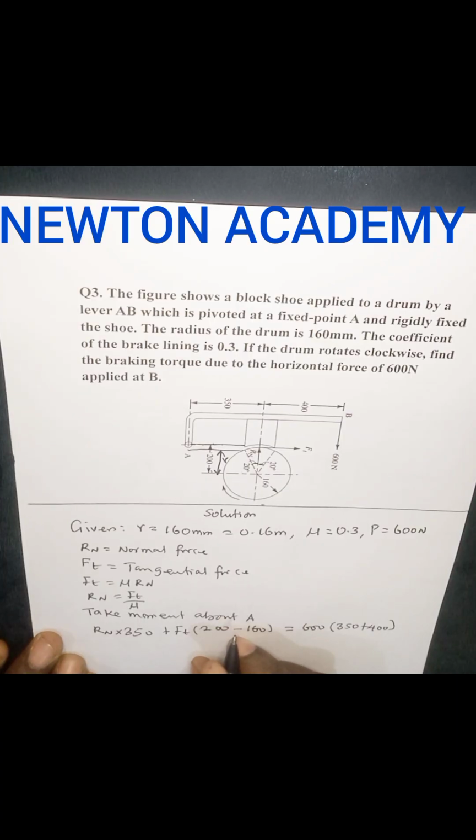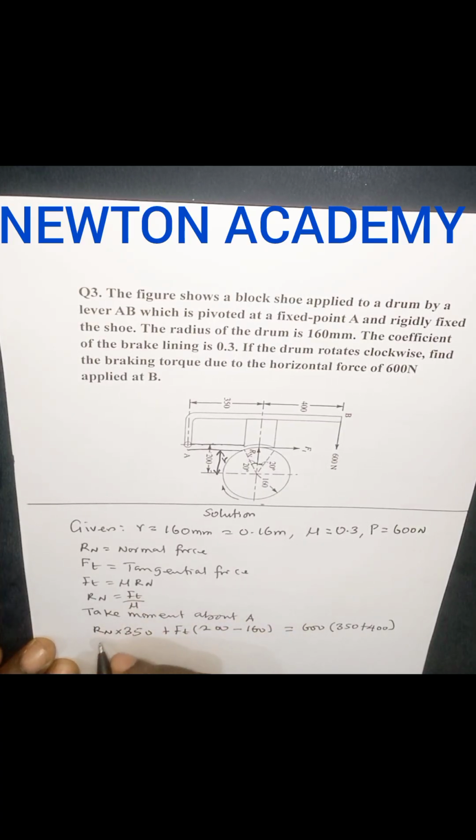Then from here, we know that our Rn is equal to Ft over mu, and our mu is 0.3 multiplied by 350, then plus here 200 minus 160, this is 40, Ft, then is equal to 600 multiplied by this is 750.